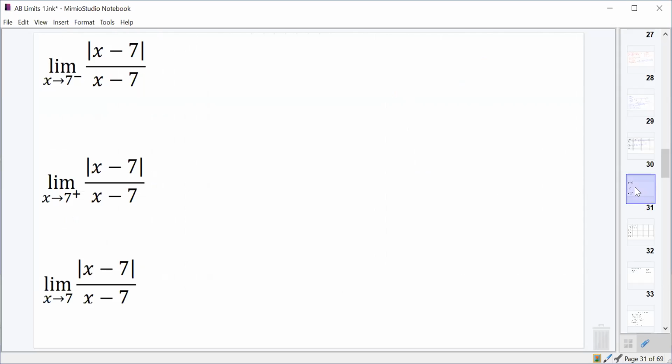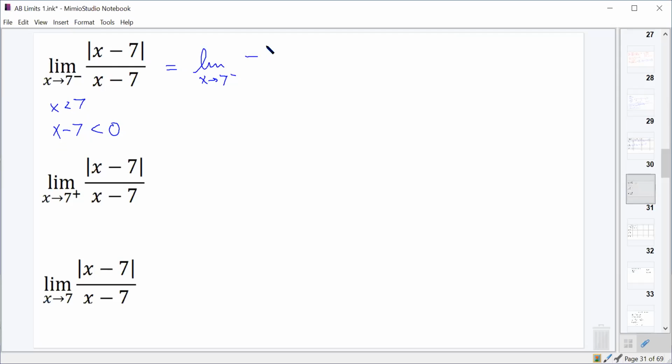If x is approaching 7 from the left, that's telling us that x is less than 7, which means x minus 7, the thing inside our absolute value, is less than 0. So the thing we are taking the absolute value of is a negative number, which means the absolute value of it is the opposite of it.